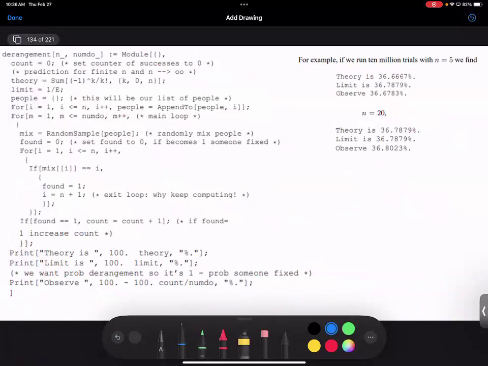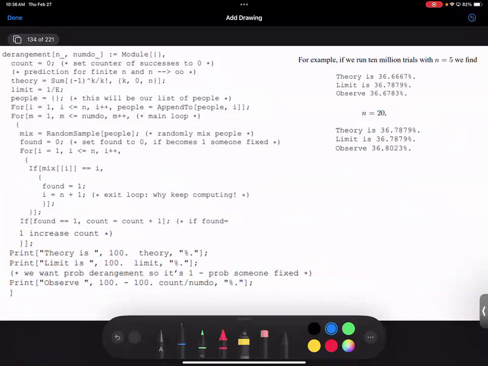So I did some simulations at home. It's a pretty straightforward program to write. And then I did 10 million trials with n equals 5. The theory is 36.667, the limit is 36.78, and I observed 36.678.